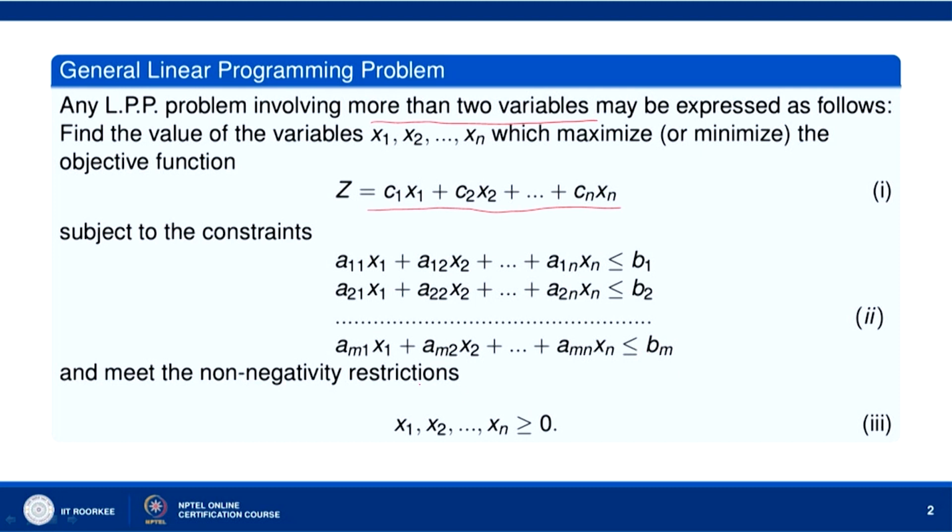And the non-negativity restrictions on the variables x1, x2, ..., xn are that they are all non-negative.